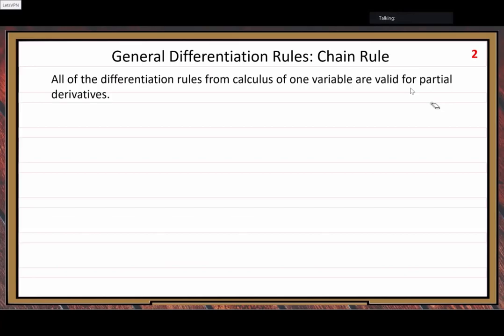All of the differentiation rules from calculus of one variable are valid for partial derivatives, so we do not need to rewrite them. Here, we just look at the chain rule, in the simplest case. f of x and y, a two-variable function, has a special form.